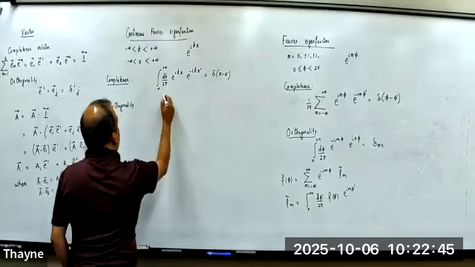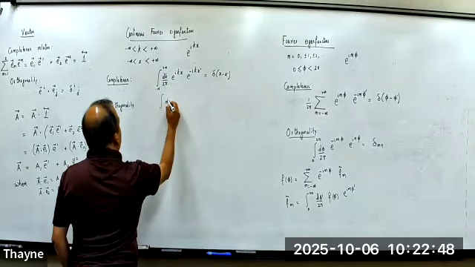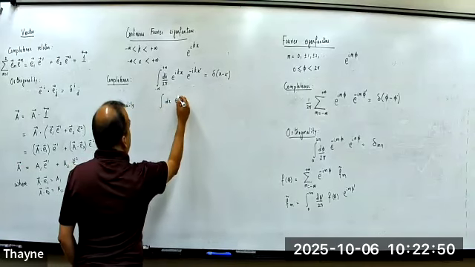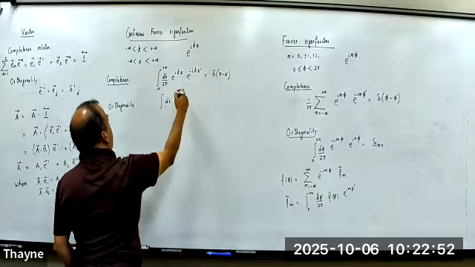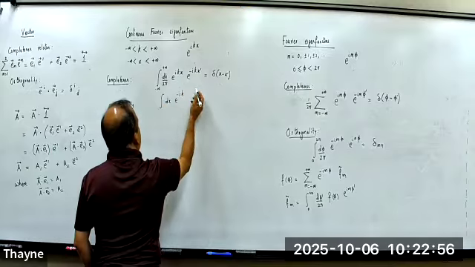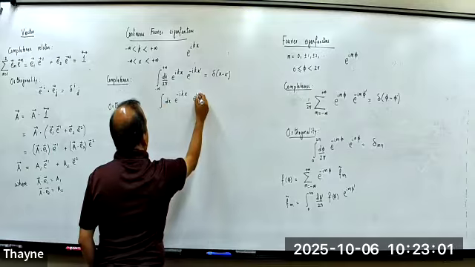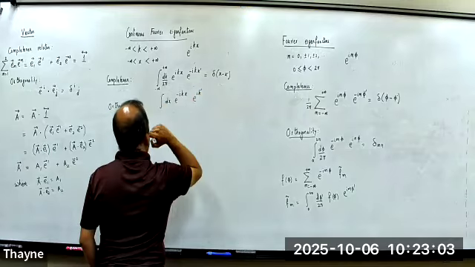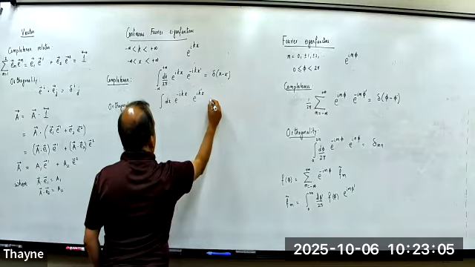do the same thing in x now, integrate over x, e raised to, this time x has to be the same and k will be different, so this will be minus i k x, e raised to i k prime x.